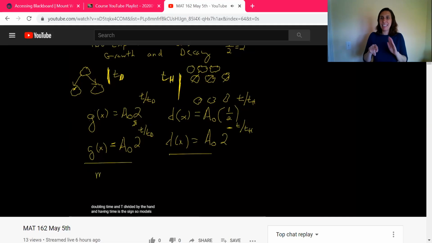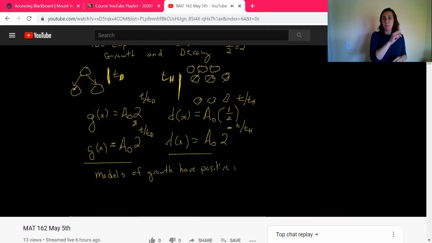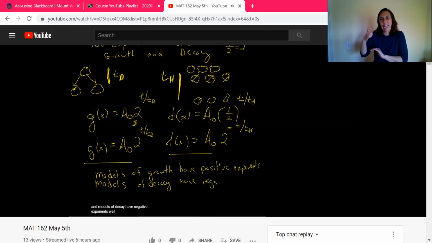So models of growth have positive exponents. And models of decay have negative exponents. Well, that's good to know.